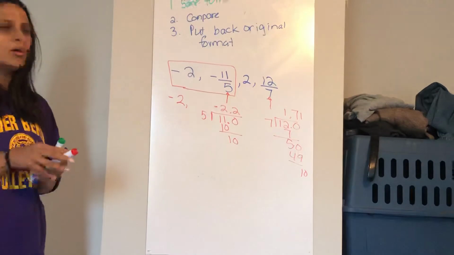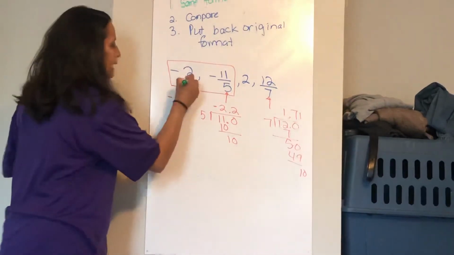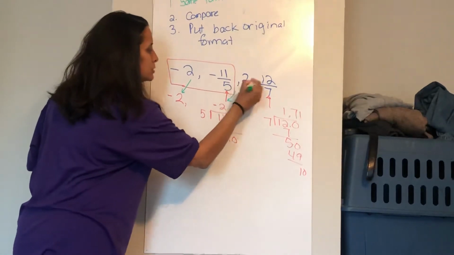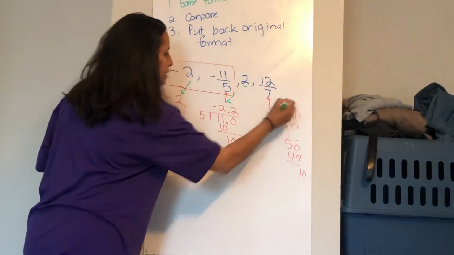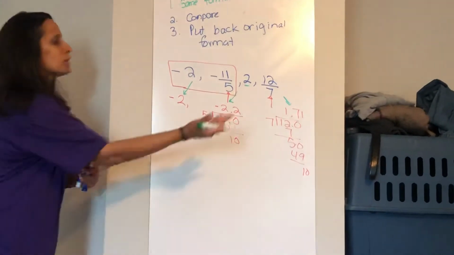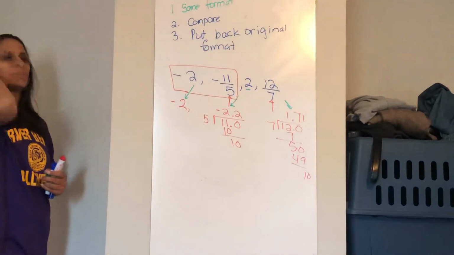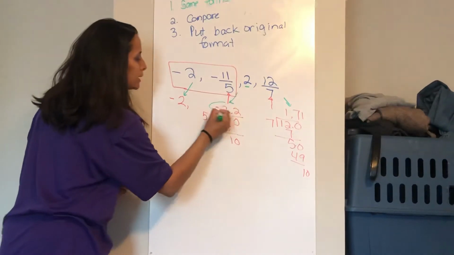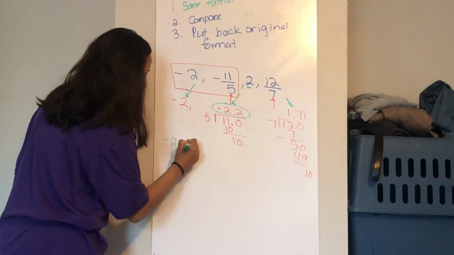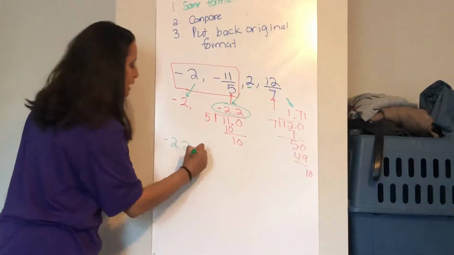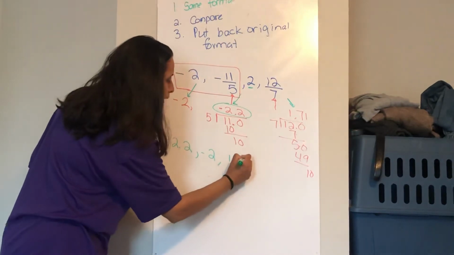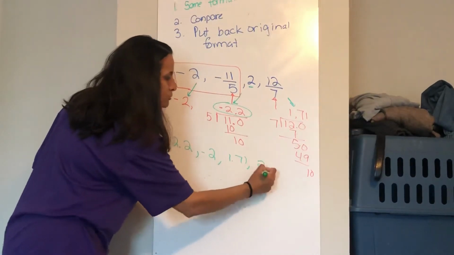Now I can put them all in order because I'm looking at -2, -2.2, 2, and 1.71. So which one of these will be my least number? Which one is further down the number line? Further down the number line is going to be -2.2. Then will come -2, 1.71, and 2.